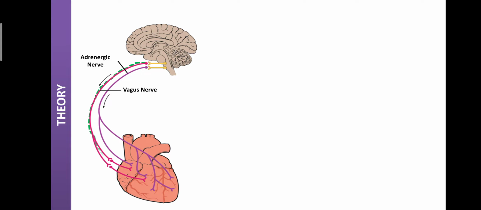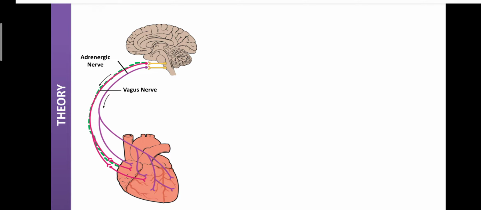Due to activation of the ANS in the CNS, that is the autonomic nervous system, it generates impulses regarding parasympathetic flow. Those impulses reach the axon or end part of the neurons, which are present inside the cardiac muscles of the heart.